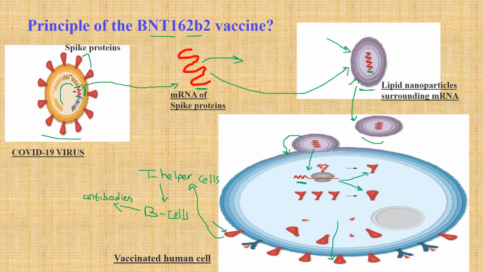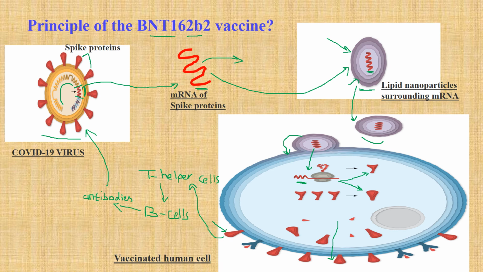So they will produce specific antibodies that will recognize the spike proteins on the COVID-19 virus, and therefore these antibodies can easily target the COVID-19 virus.